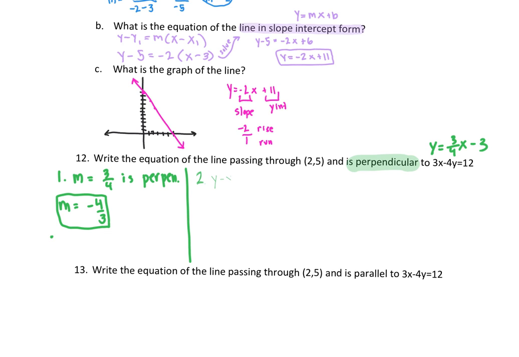We're going to use this y minus y1 equals m times x minus x1. So I'm going to put my slope and the point into that. So we have y minus 5 is equal to my slope, -4/3, times x minus the x point.